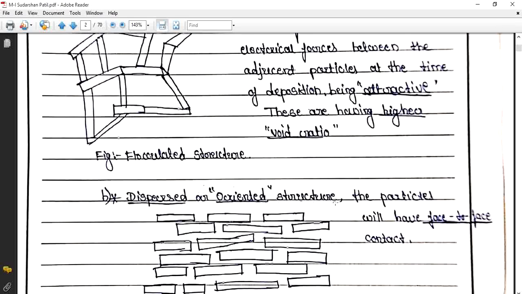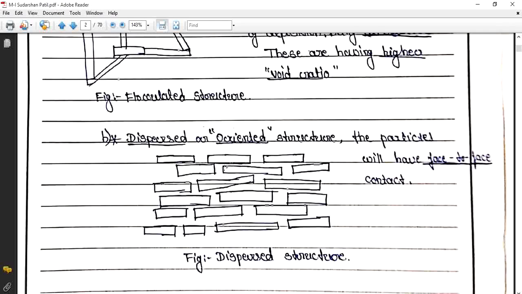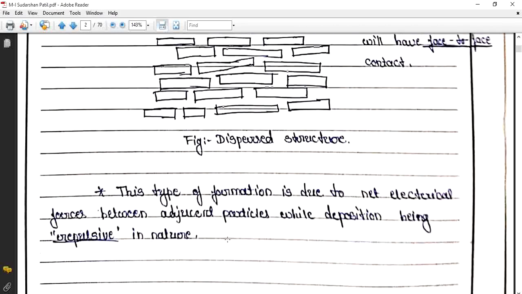In dispersed or oriented structure, the particles will have face to face contact. This type of formation is due to net electrical forces between adjacent particles during deposition being repulsive in nature.